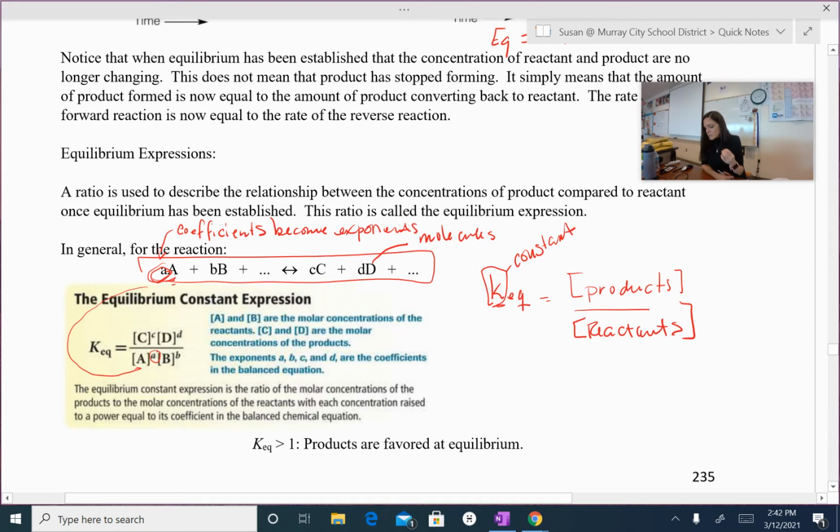So coefficients become exponents, and our products are always on the top, our reactants are always on the bottom, and coefficients become exponents. Okay? And this is based off of our balanced chemical equation. Okay? So we should always say this. This is based on the balanced chemical equation.